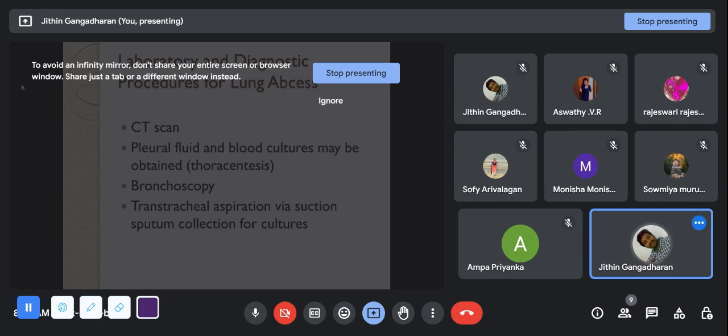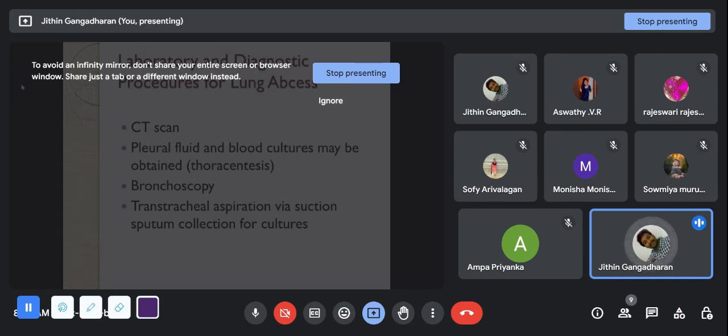Next is transtracheal aspiration via suction. A catheter is passed, and the sputum is directly collected from the trachea. When we take a sample for sputum analysis, we'll ask the patient to clean the mouth thoroughly, and then ask the patient to cough and bring the sputum out through the mouth.